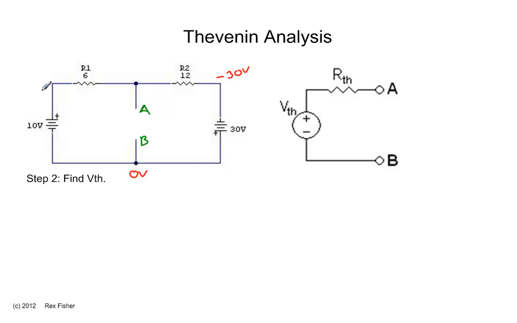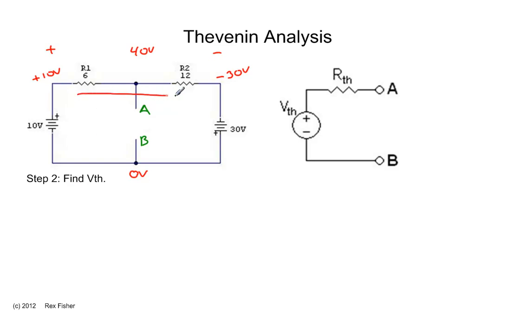And this battery makes this corner positive 10 volts. The total voltage across those two resistors is 10 minus a minus 30, which is 40 volts.